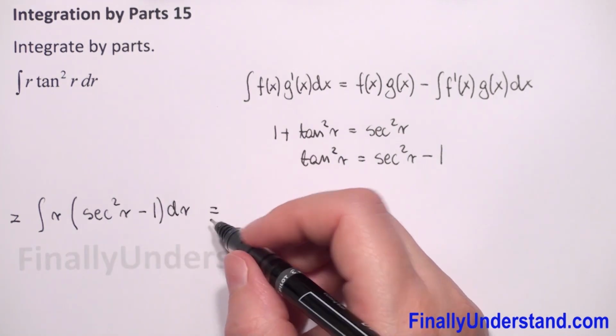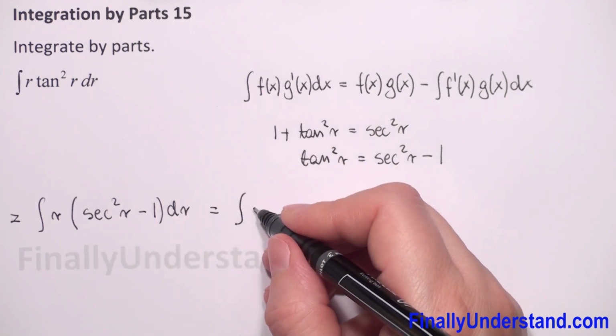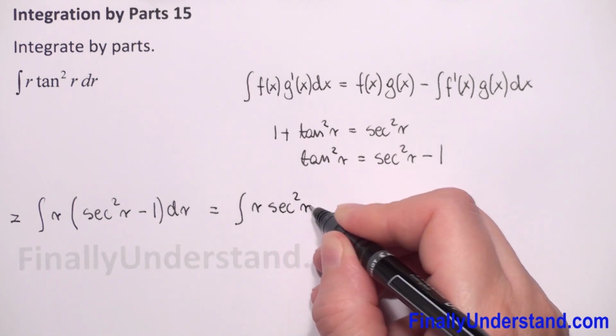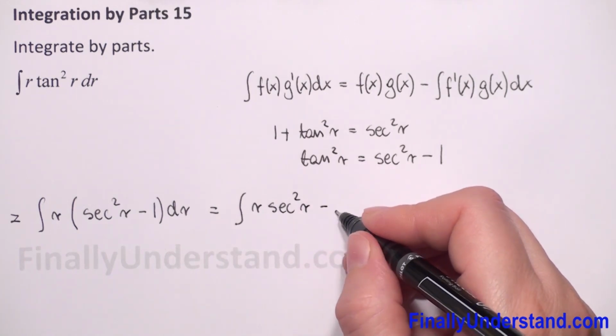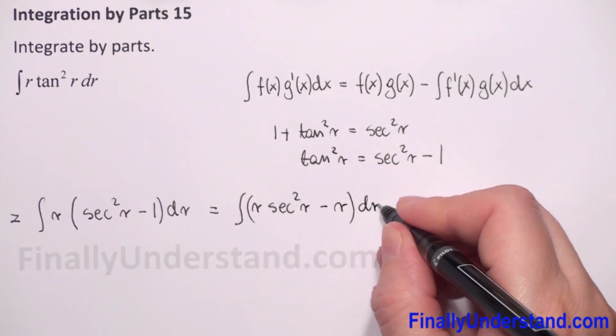So this is equal. We can do the multiplication, so it will be the integral of r times secant square of r minus r, with respect to r.